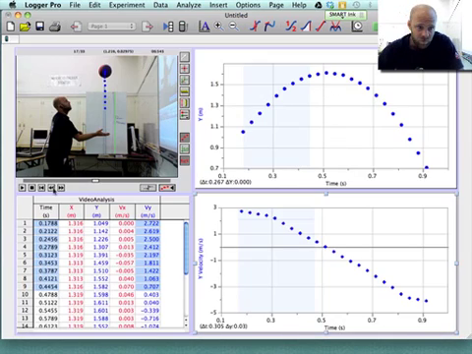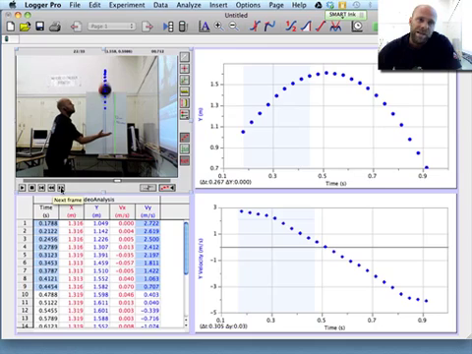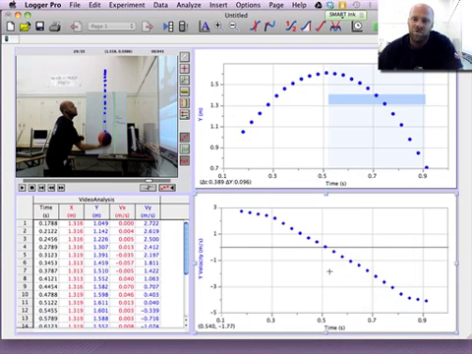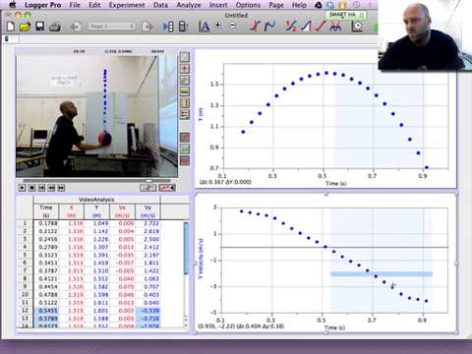Then, as the ball falls down to the ground again, or to my hand, it speeds up, right? So in the second half of the graph, after 0.5 seconds, these slopes gradually get steeper, okay? These slopes on your position time graph are all negative, meaning that these velocities are all in the negative direction. In other words, those velocities are all downwards.